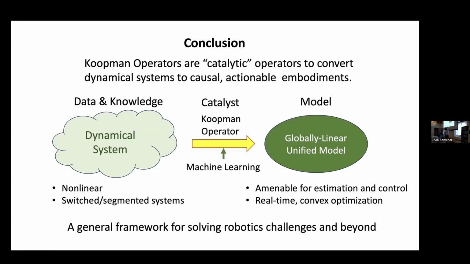But we bring in a catalyst, the Koopman operator, together with machine learning, and convert it to a globally linear unified model. This is like a big chemical reaction to get a very amenable form of dynamics. This structure is applicable not only to robotics but to many other areas. So I see this as a more generic modeling approach that can be applied to broader systems. So that's what I have to say. Thank you.